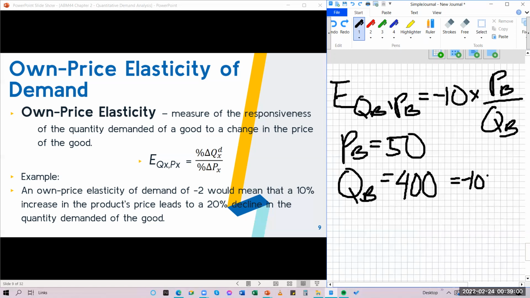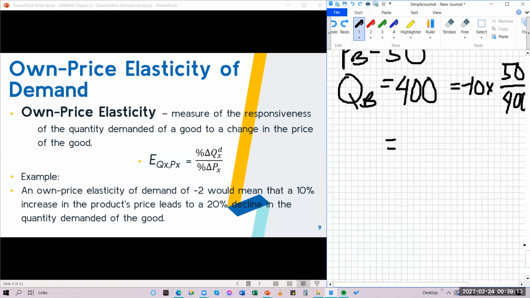So we have negative 10 multiplied by 50 over 400. So what do you think would be the answer for this one? Let's solve for this one. Negative 10 multiplied by 50 over 400 would give us a negative 5 over 4 or negative 1.25.